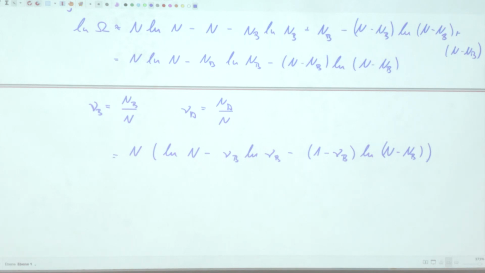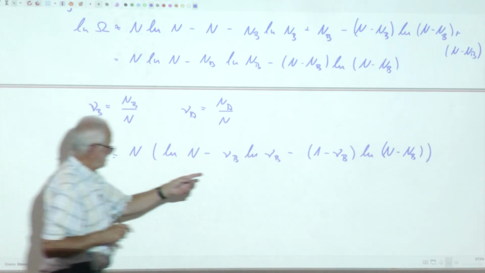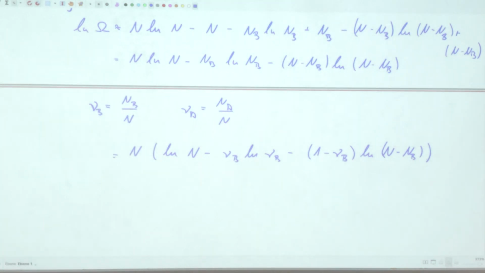And now we also want to, oops, sorry, I made a mistake, this is NB. I want to translate this into nu B, which I did already.